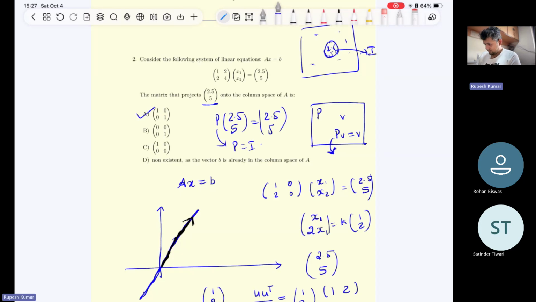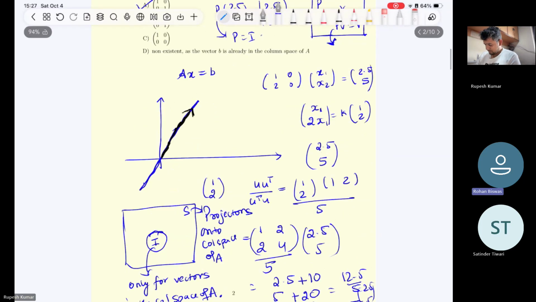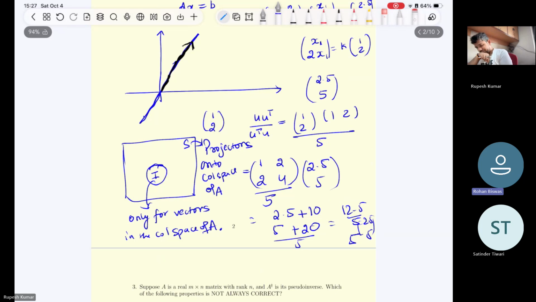For every other vector, you will have this projector, but for the vectors lying on this line, you will have the identity matrix.